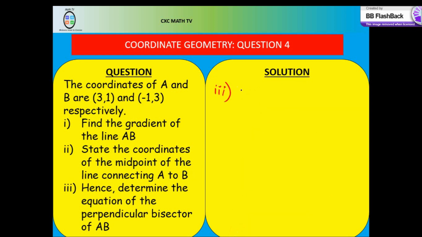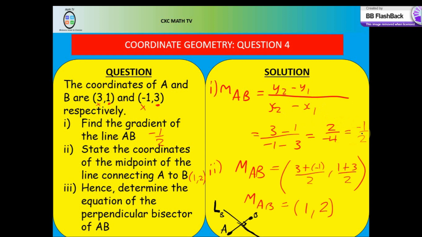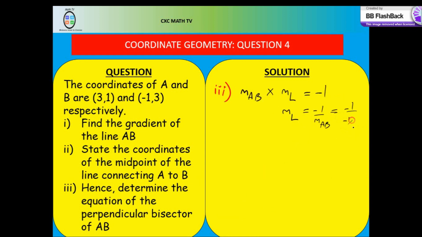What we do know is that the gradient of AB multiplied by the gradient of the bisector line is equal to negative 1. And so the gradient of the bisector line is negative 1 over the gradient of AB. In that case, it's going to be negative 1 over the gradient of AB, which was negative a half. So we divide that, we get positive 2.